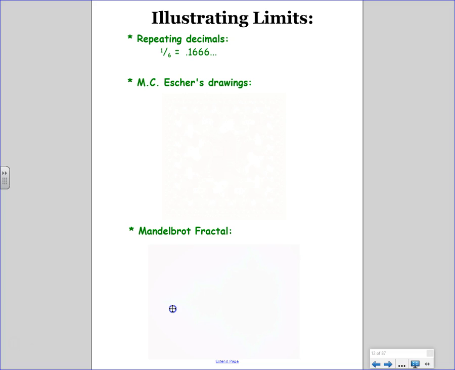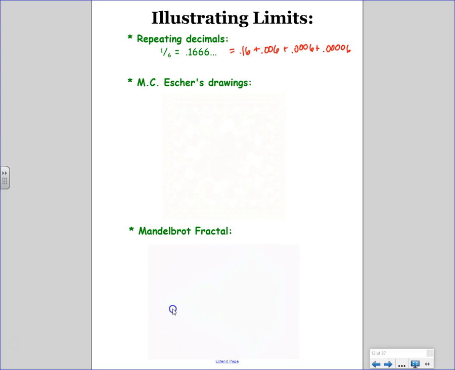You guys have already seen me talk about repeating decimals back when we did converging infinite series. Because remember on this one, technically this would have been 0.16 plus 0.006 plus 0.0006 plus 0.00006.